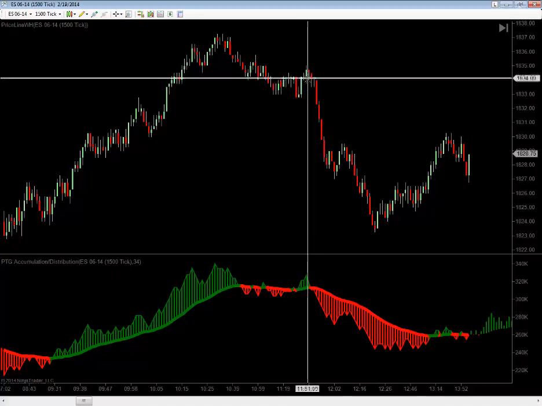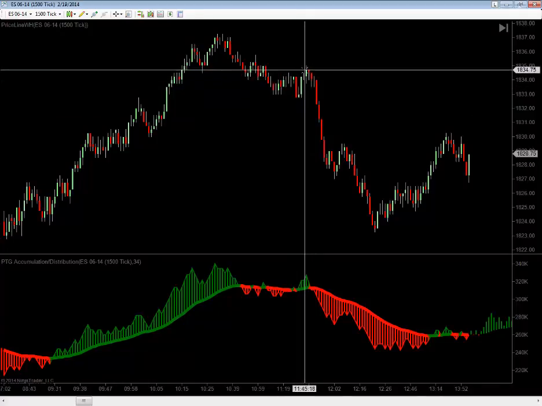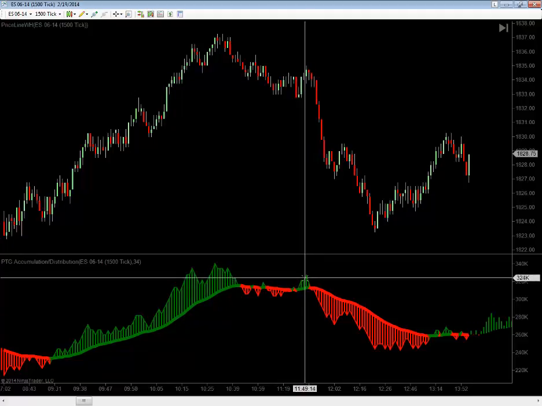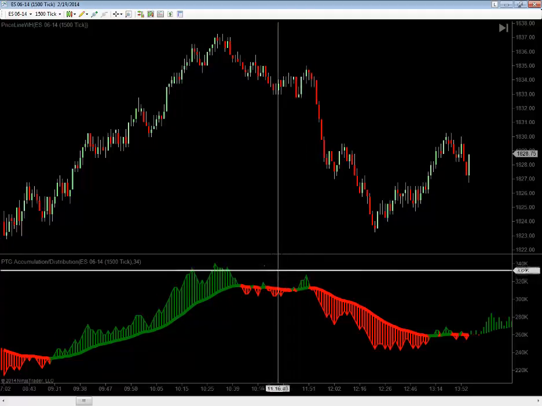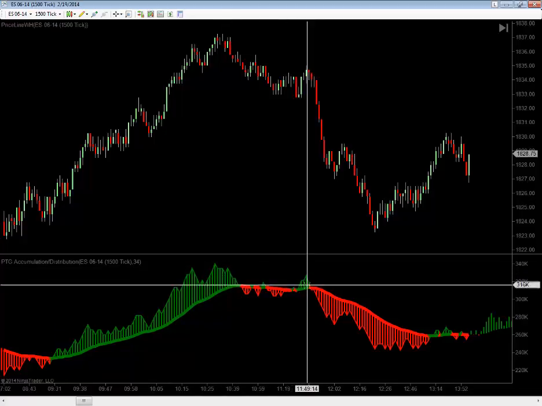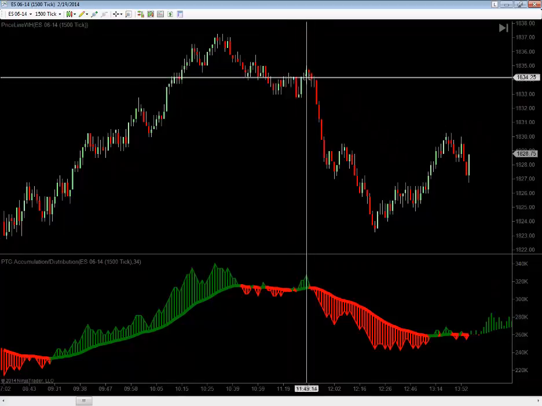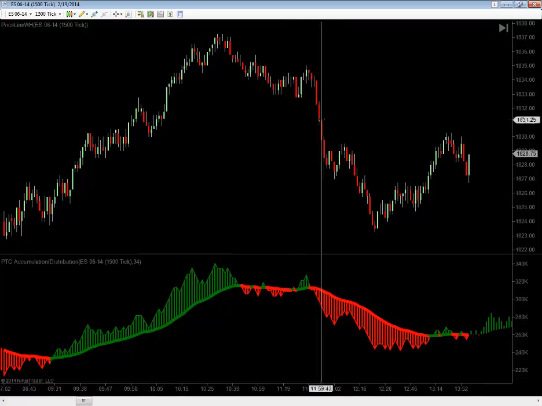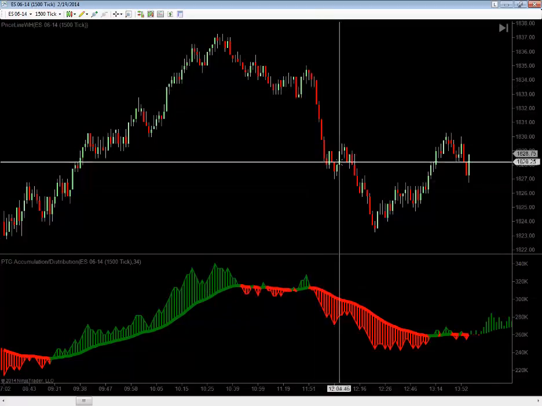And as you can ultimately see here, there were no further buyers coming in. There was a last gasp here on the accumulation distribution, and it was far below the prior peak. That last gasp on the buyers pretty much completed this pattern, and then the sellers became much more aggressive. And again, following the money flow keeps you on the correct side.